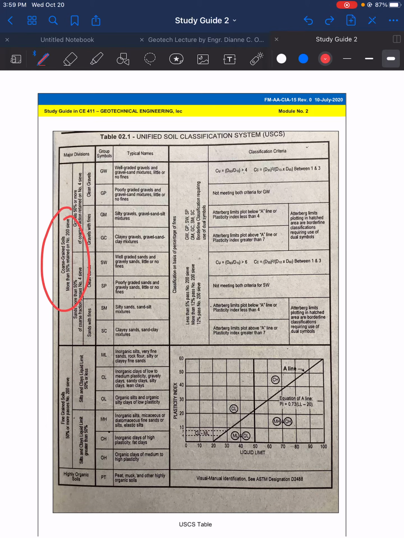If you satisfy the criteria from the left side, you proceed towards the right until you find the right classification of the soil. We can discuss more on that through the examples.